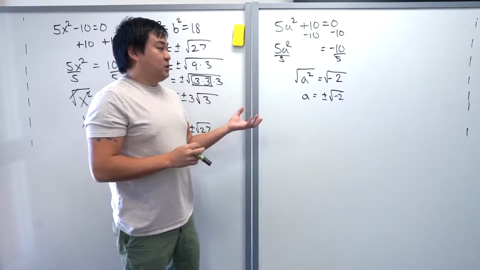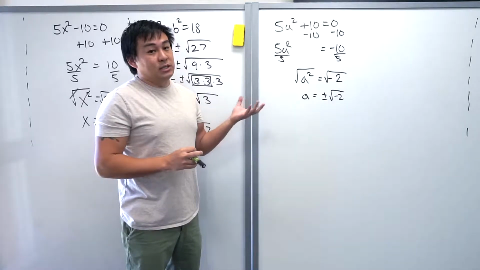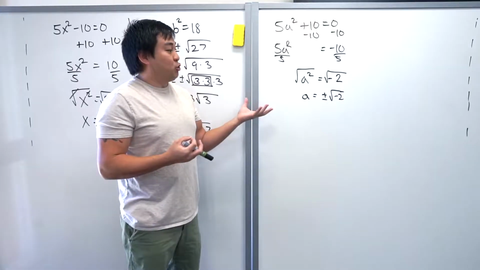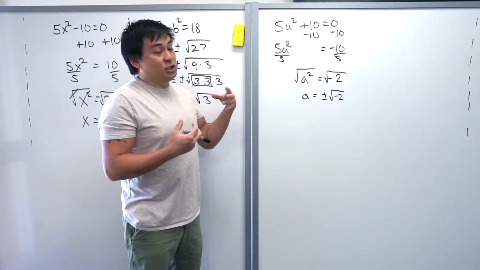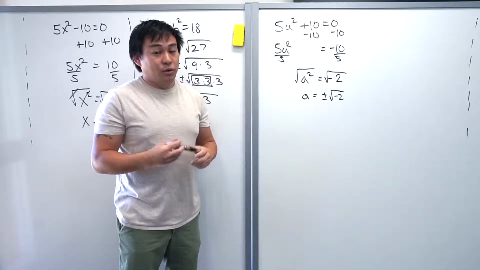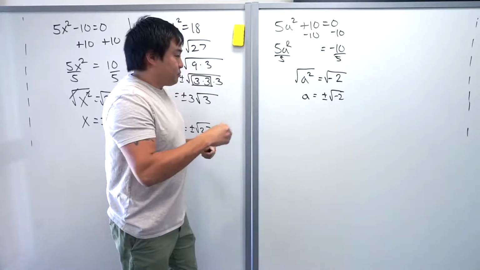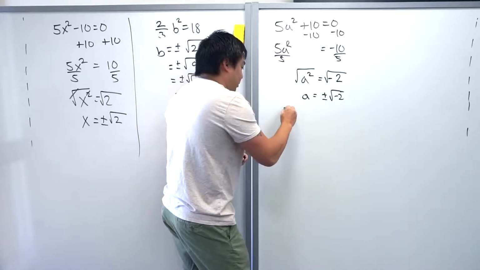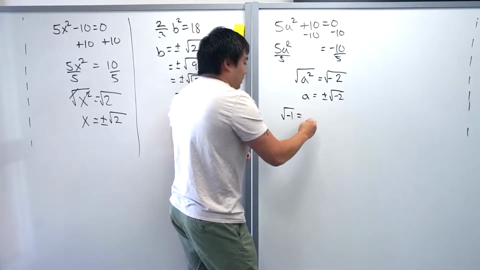But what we're going to do is teach you something which is a little bit of a trick, which is we, as mathematicians, write the square roots of negatives using the number i. So the square root of negative 1 is i.